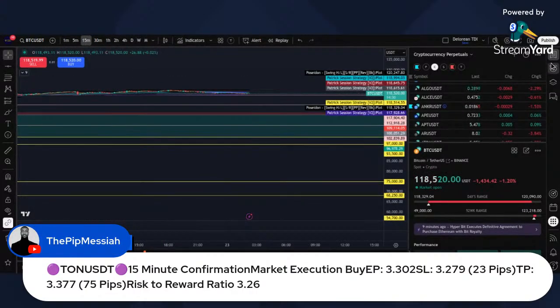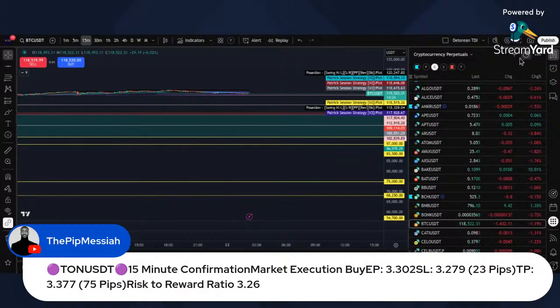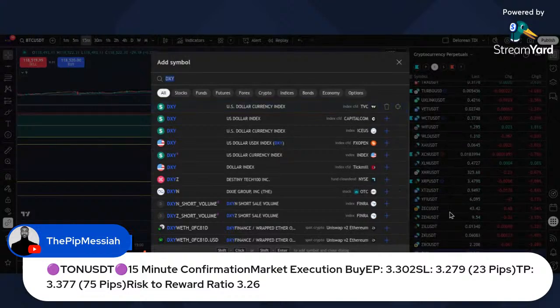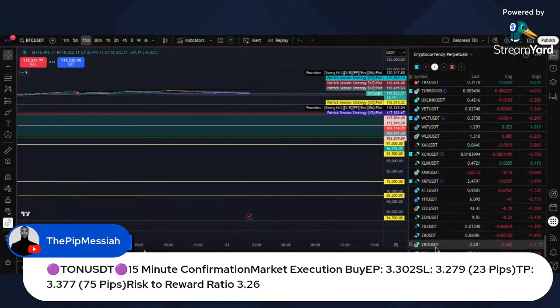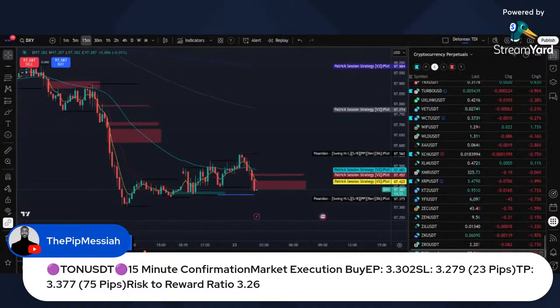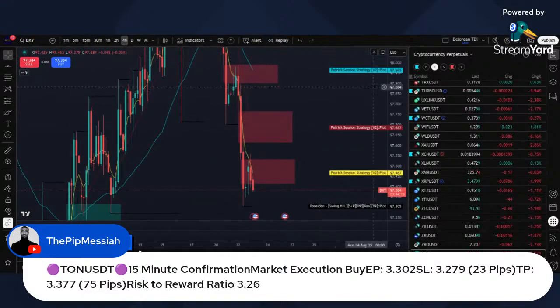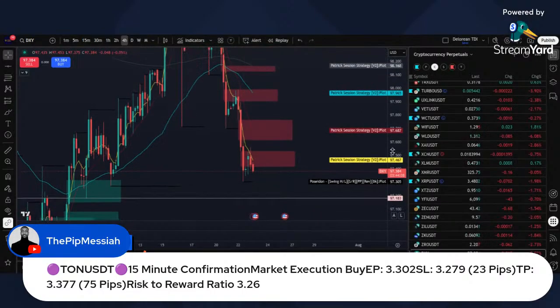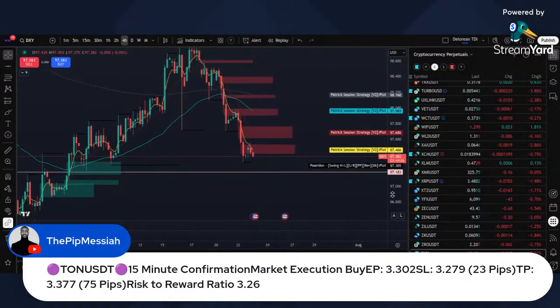To drive that home, let's take a look at the DXY. This is the US dollar index. I'm going to go up in time frame. This is the 4-hour.